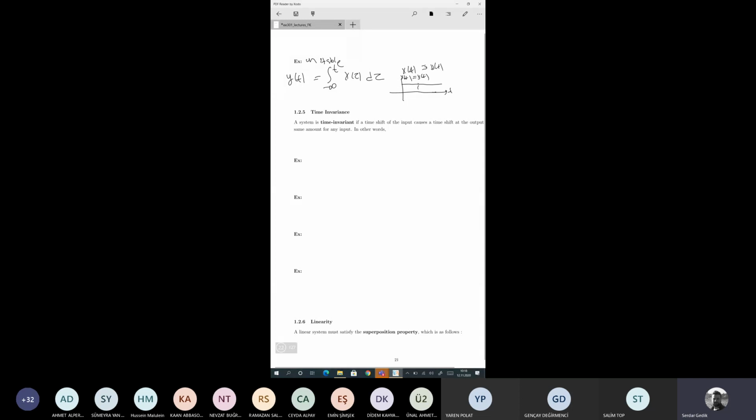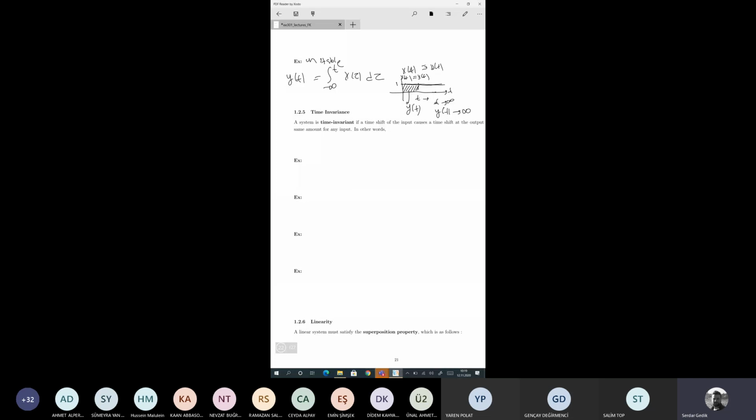So what does it do? It finds the area under this curve up to t, right? This is my y of t. And as t goes to infinity, y of t goes to infinity as well, although x of t is bounded. x of t is bounded by 1, and as t goes to infinity, y of t goes to infinity as well. So I have an unstable system.